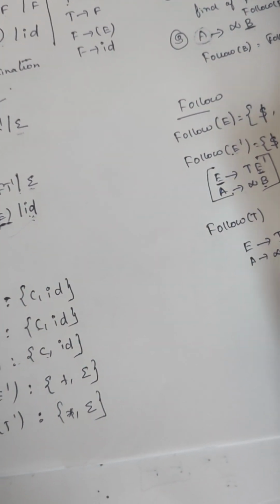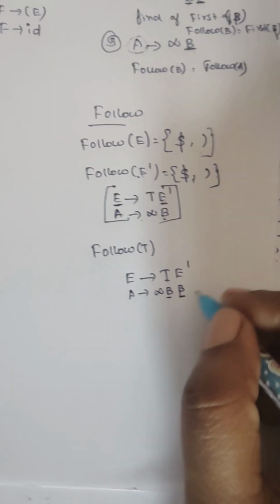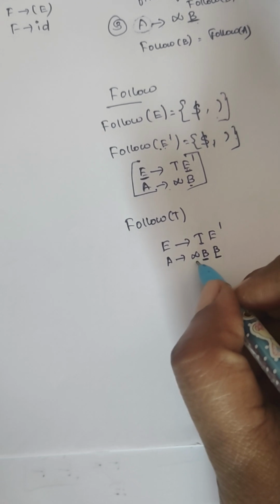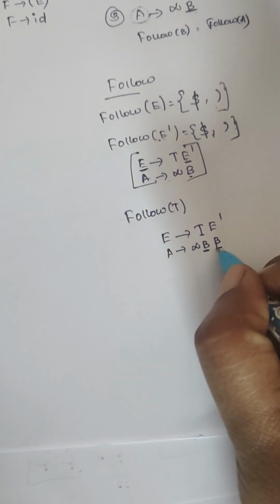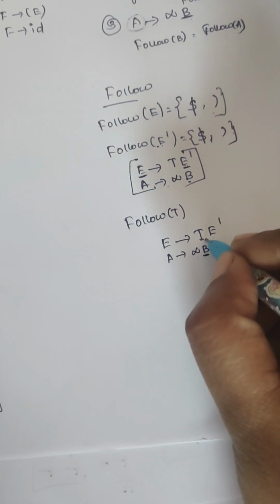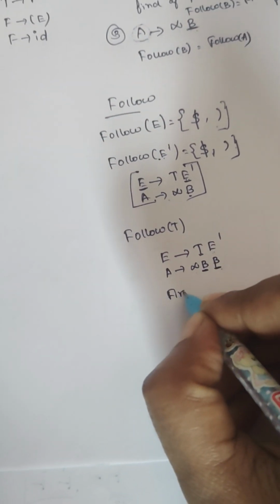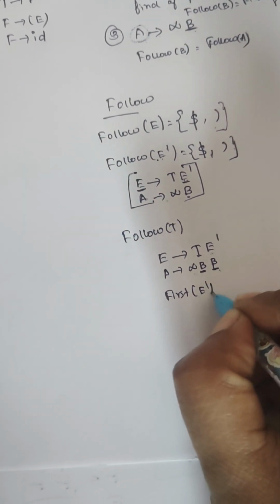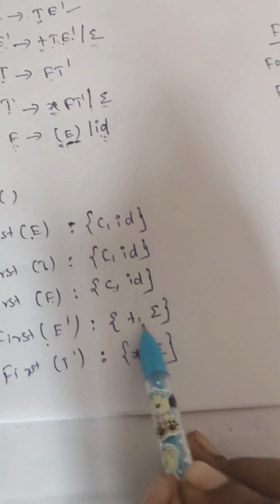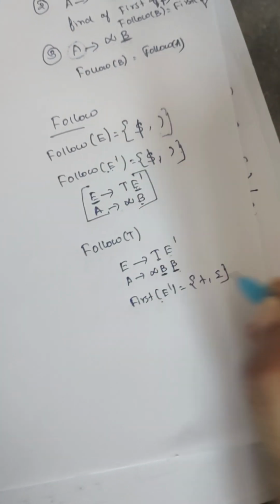So for this, as I told you, to find FOLLOW of B we need to substitute FIRST of beta for FOLLOW of B. In this case, for T E dash we need to consider FIRST of E dash. What did we calculate as FIRST of E dash? Plus and epsilon.